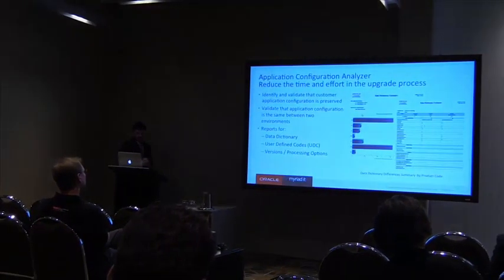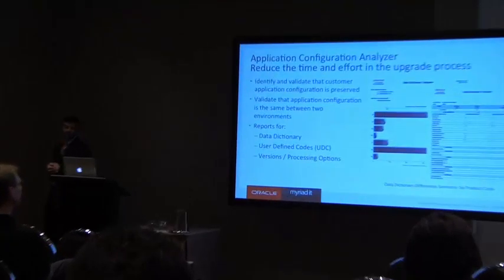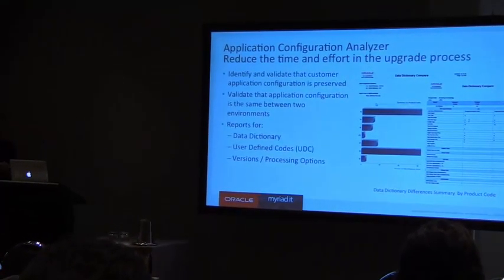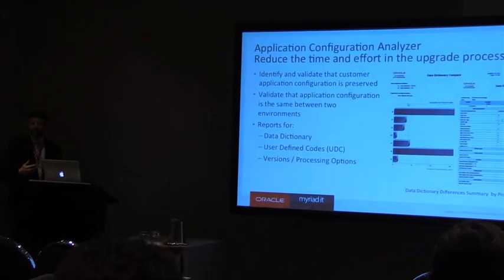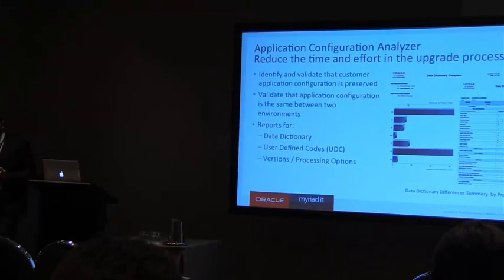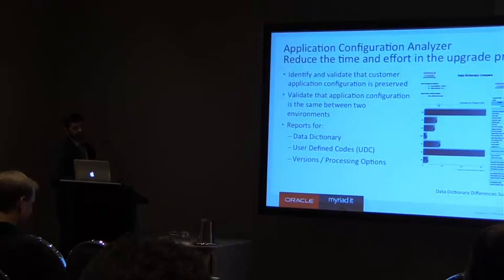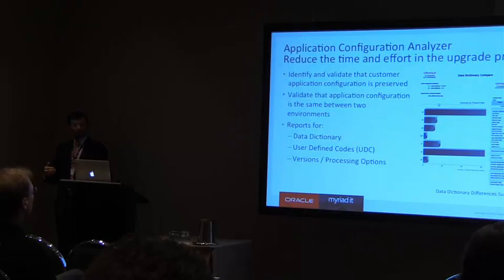The next item that I wanted to talk about is the Application Configuration Analyzer. And this is at another level. Again, it's a similar delivery mechanism where you take an ESU, and the ESU contains the BI Publisher report definitions, and you apply that ESU and you run it. That's going to give you comparisons between some of your environments, at a data dictionary level, a UDC level, and a version processing option level.